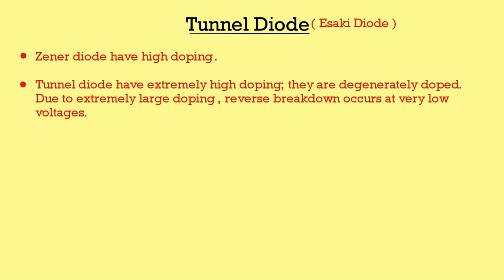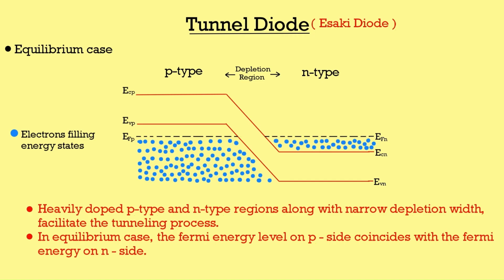To understand how it has negative resistance, we have to consider an energy band diagram. You should recall that for a degenerately doped n-type semiconductor, the Fermi energy level lies in the conduction band, whereas for a degenerately doped p-type semiconductor, the Fermi energy level lies in the valence band.